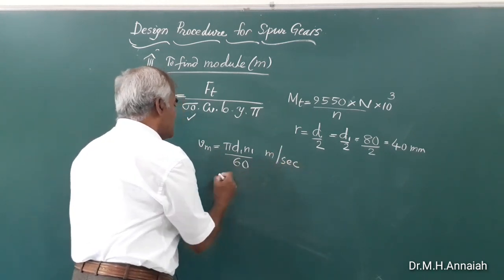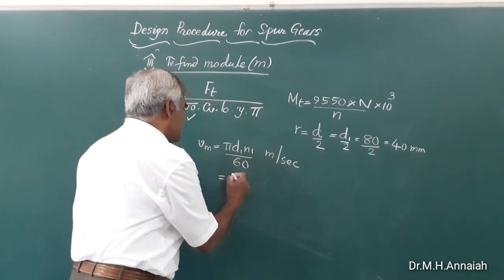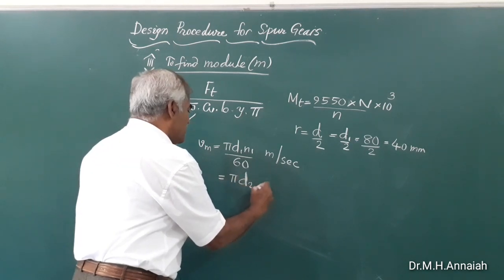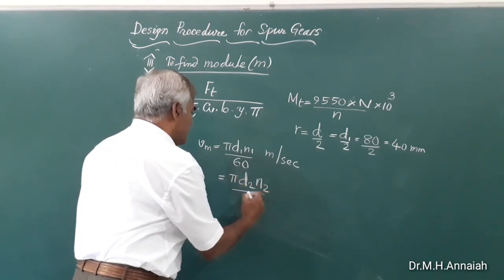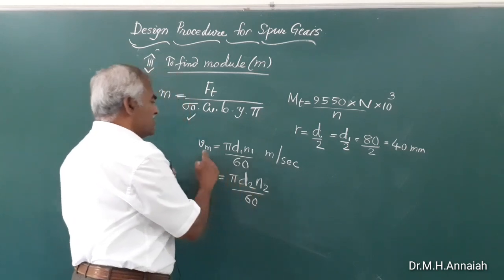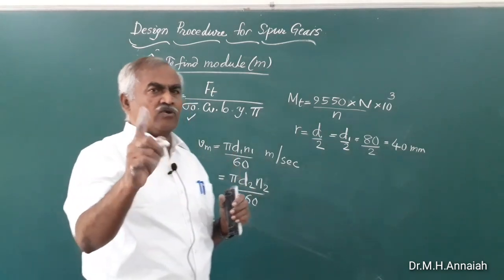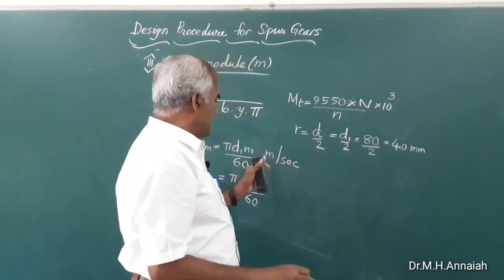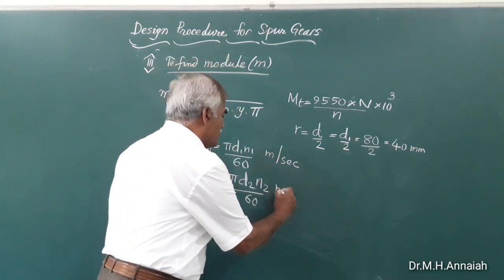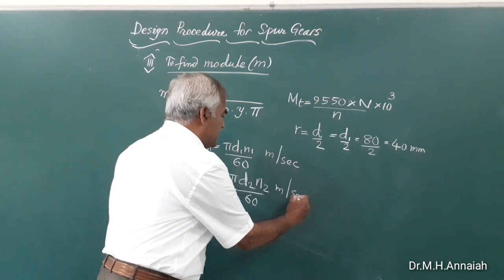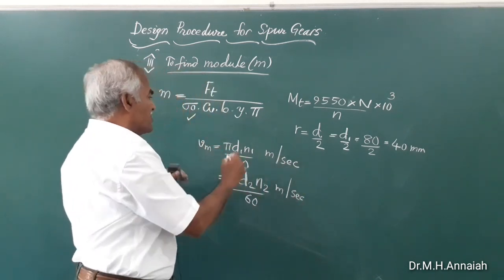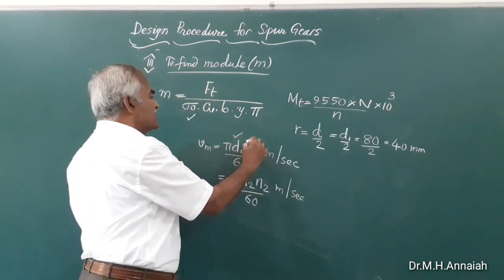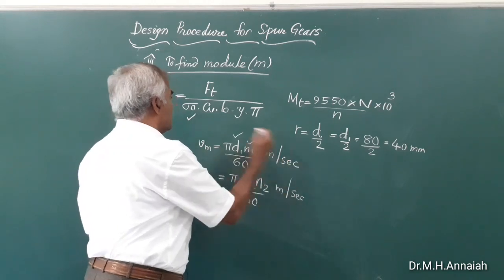Similarly, if you take the gear, it is pi d2 n2 by 60. Remember, this Vm, pi d1 n1 by 60, is equal to pi d2 n2 by 60. So, you can calculate any of these, you will be getting so many meter per second. Here, friends, I know the diameter, I know the speed, so you will be able to calculate this.